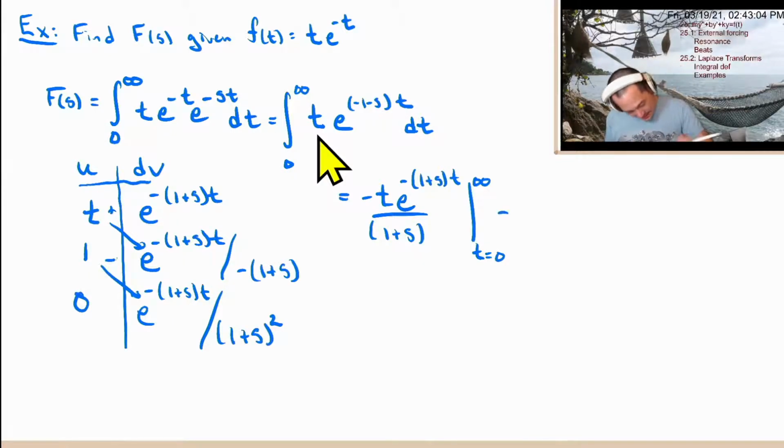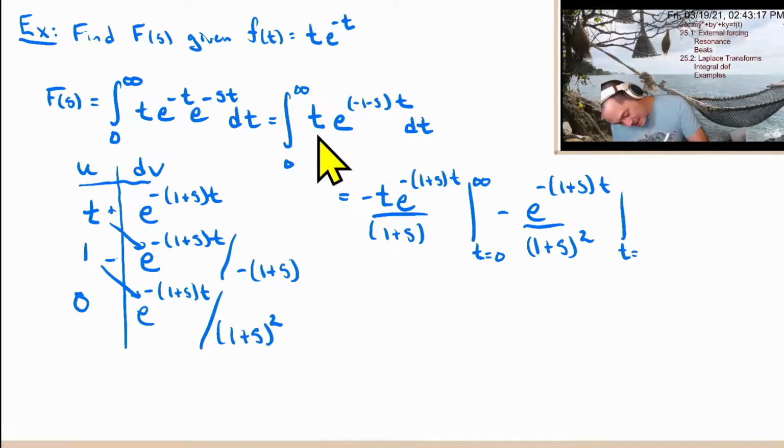And then I get negative e to the negative 1 plus s times t all over 1 plus s quantity squared, evaluated from t equals 0 to t equals infinity.